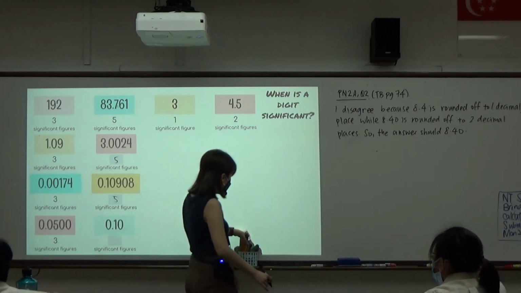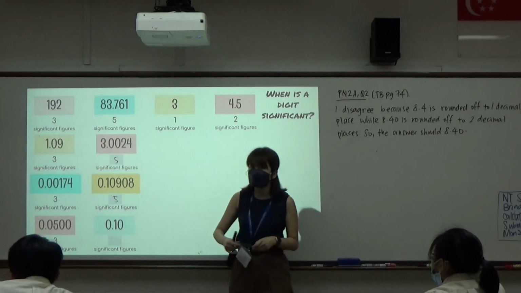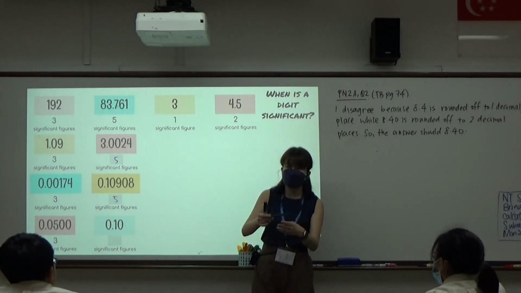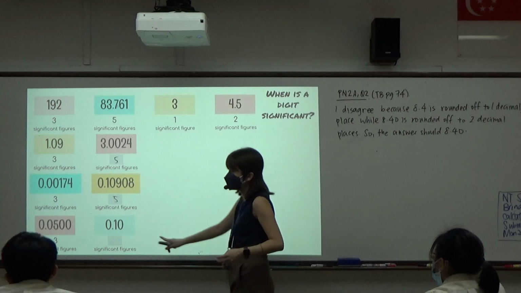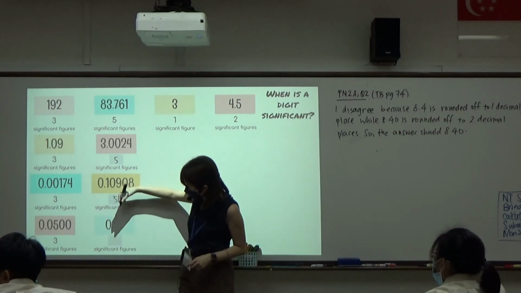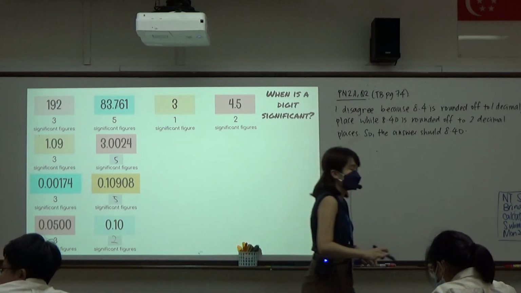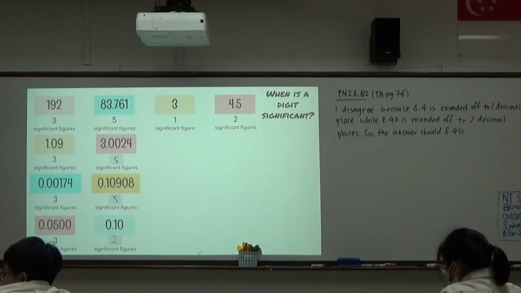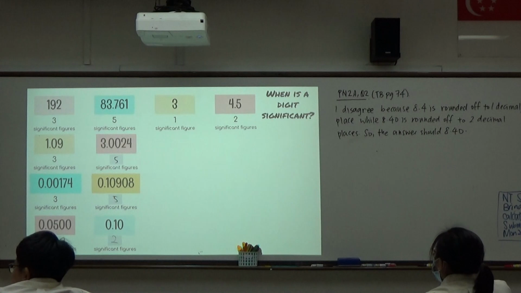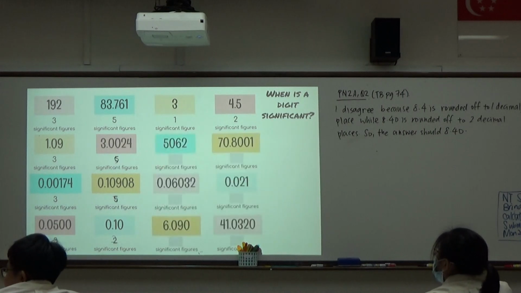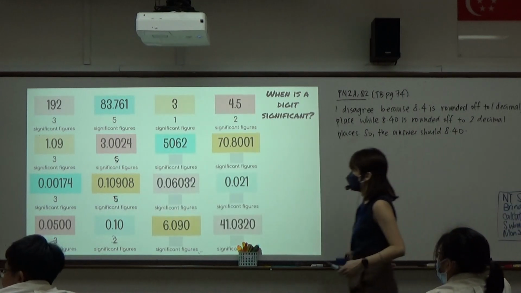Next one, 0.10. How many significant figures? Kyra? 2. So we count the 1 and the 0. There are 2 significant figures. If you didn't manage to fill out the worksheet, I do hope that you fill it out. Let me erase that.